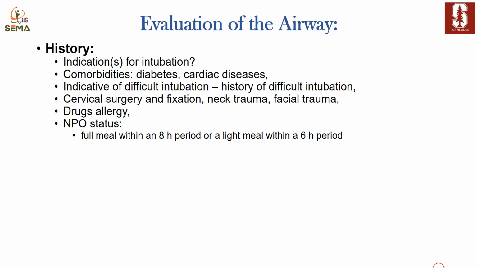These are important things. Then you want to know whether the patient has comorbidities: diabetes, heart failure, hypertension, ischemic heart disease, and so on. And then you definitely need to ask the patient, or also look in the previous charts if you have access to them, and see if there is any history of difficult intubation.